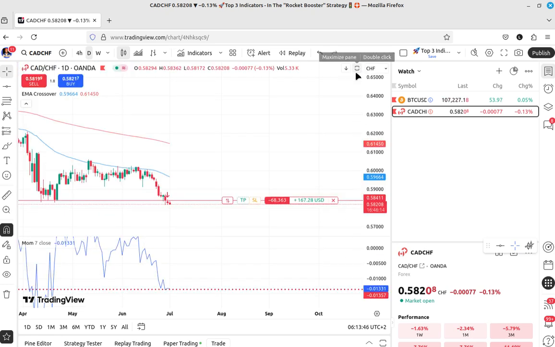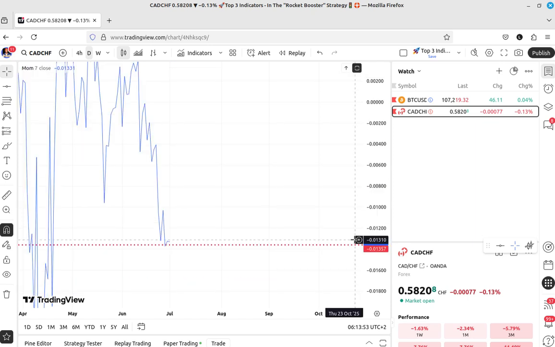For now, I think the entry is very much still there. The difference is not that much, but I think it's still there.